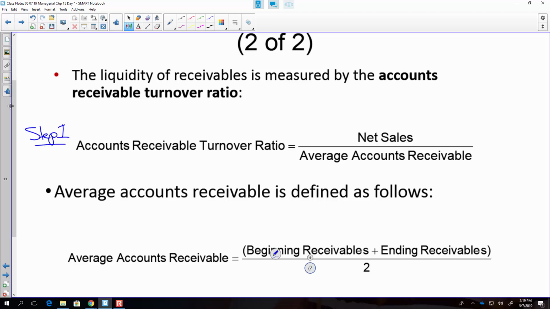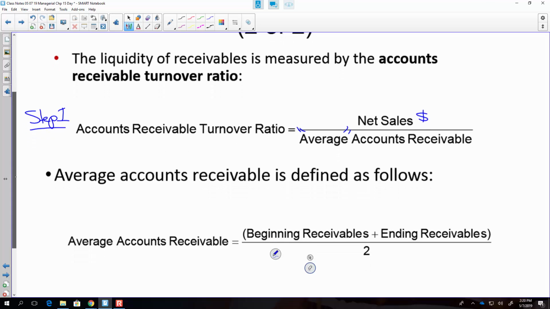Now, if you look at the other handout, that separate sheet that I gave to everyone, under liquidity ratios on page 1, you'll see this accounts receivable turnover ratio, which is net sales dollars over the average accounts receivable. How do we get the average?